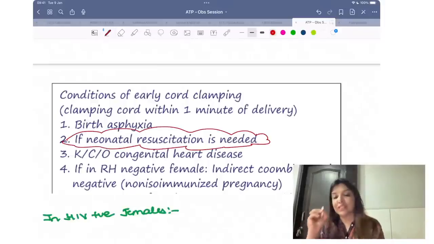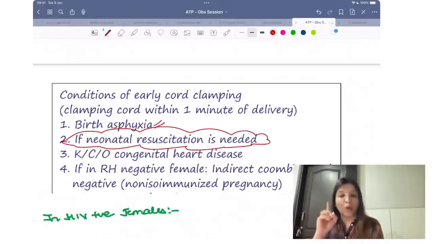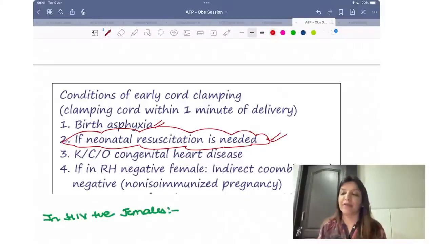Whenever the baby needs resuscitation, then you have to go for early cord clamping, for example, birth asphyxia. So if they ask you one condition where early cord clamping is required, it is neonatal resuscitation. If the neonate needs resuscitation, I'm not going to tell the pediatrician to wait, I want that extra blood to come to the fetus.